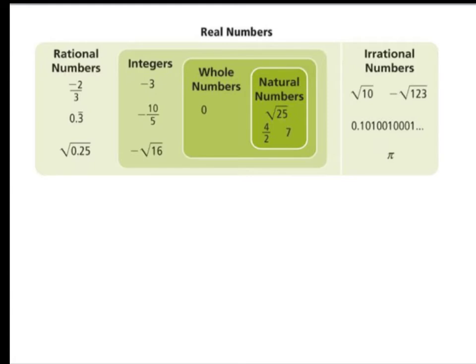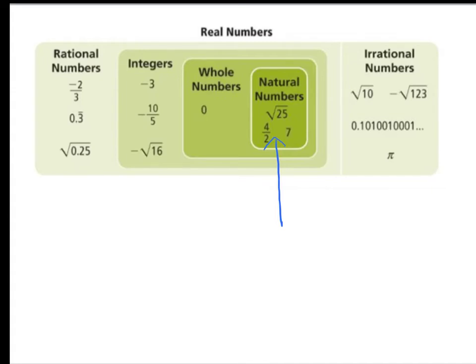Right, here's a nice chart of all the numbers. We start off with natural numbers, the first box there. You have square root of 25, you have 7, you have 4 over 2. Those are all natural numbers. And then you work your way out, then you have whole numbers. So we can say all natural numbers are whole numbers, but not all whole numbers are natural numbers.